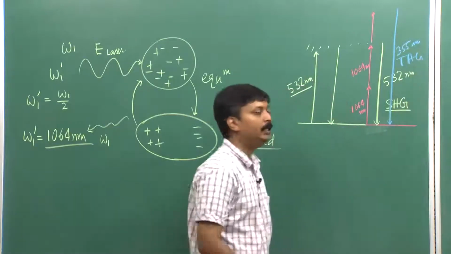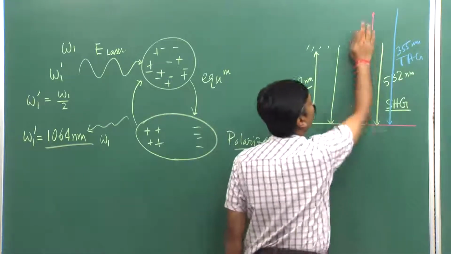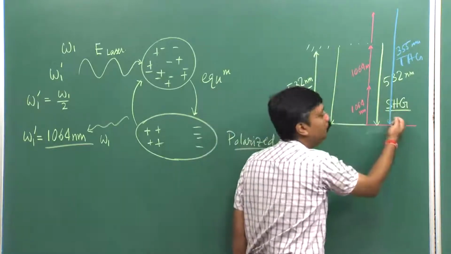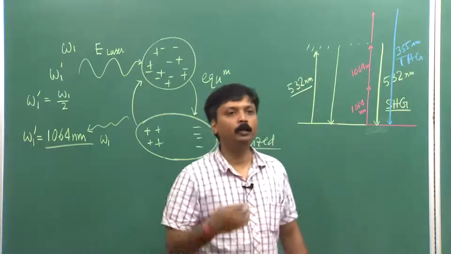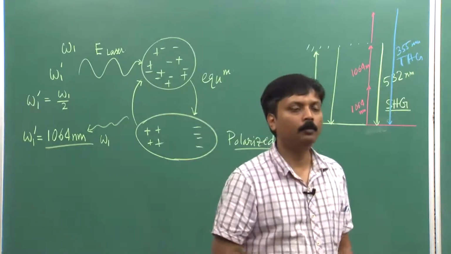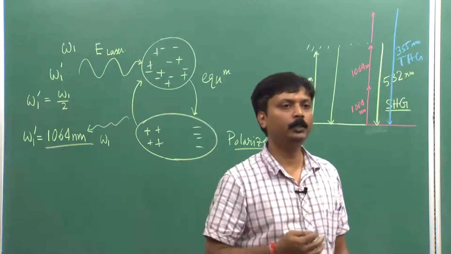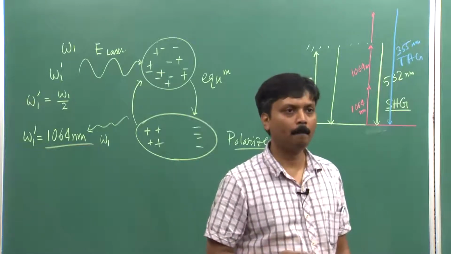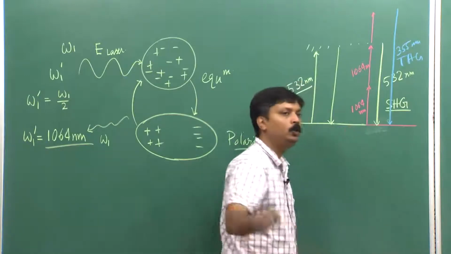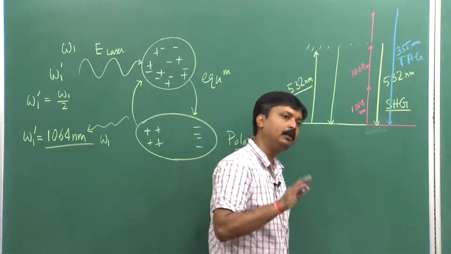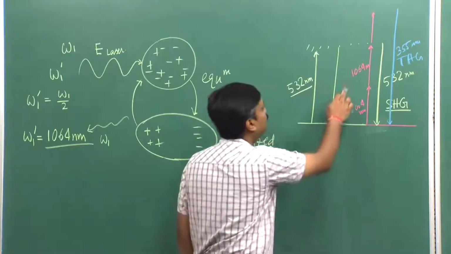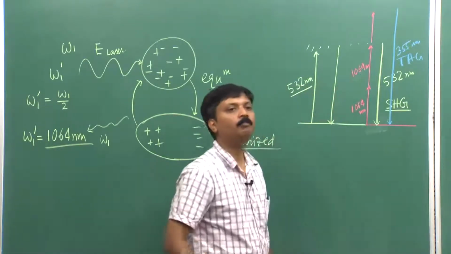You can imagine if it would have taken 4 photons successively and jumped back to the ground state, it would emit a photon whose frequency would be 4 omega 1 prime, and that would equate to 266 nanometer, and that is known as the 4th harmonic for this particular 1064 nanometer fundamental line.